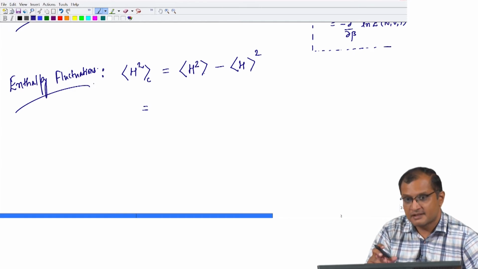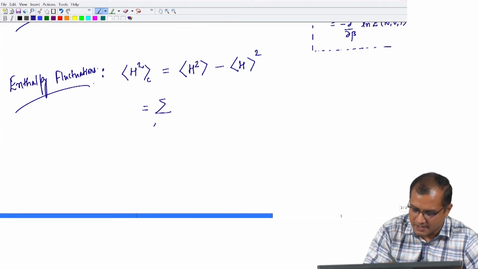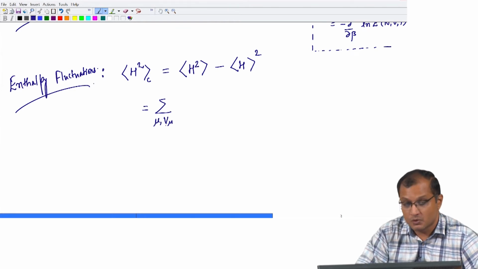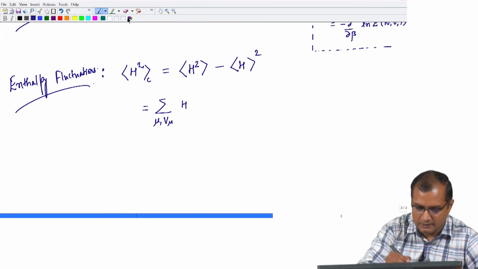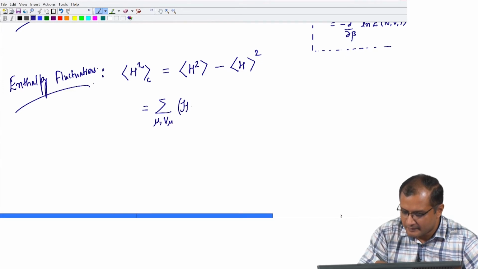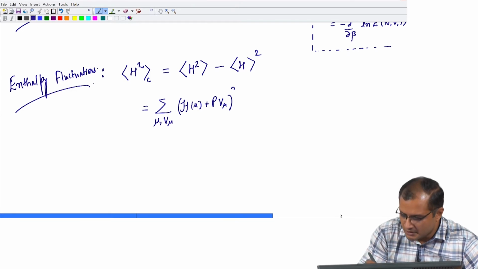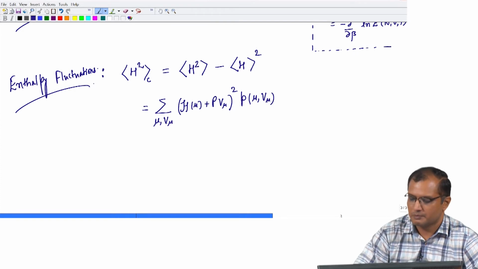So, the averages here mean I am sampling H squared in some distribution. This is nothing but sampling in our microstates distribution H, which is the instantaneous enthalpy, nothing but H_mu plus P V_mu, but you have to take its square in the distribution p_mu V_mu, that is the first term.